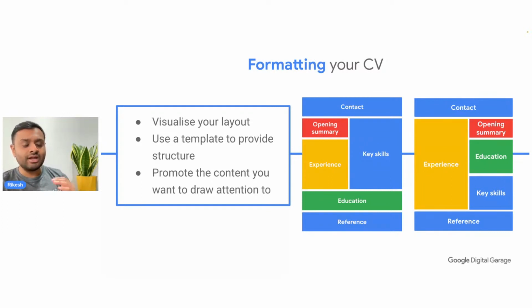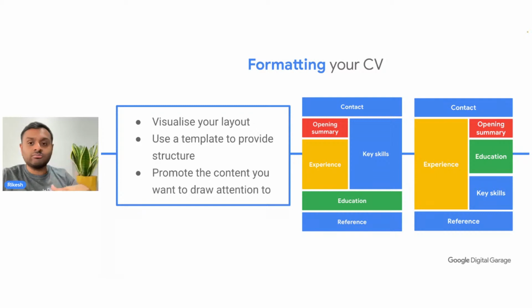Now, as I mentioned a little bit earlier on, when we're looking at some of the building blocks that make up a CV document, we want to lead with whatever we are most powerful with. So after the opening summary, if we've got a lot of working experience, but not as much education, not as many key skills and strengths, then lead with our experience that you can see with the block on the right-hand side.